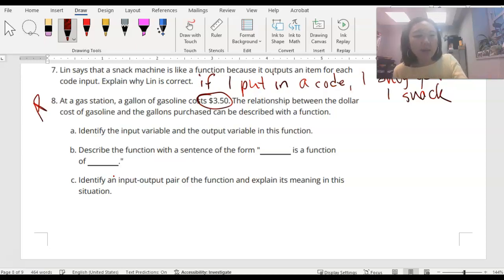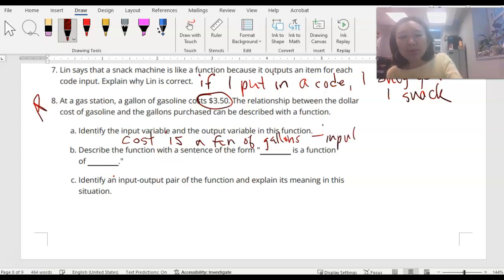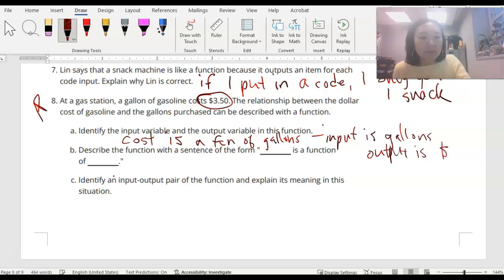So we can say cost is a function of gallons. And so then the input is gallons of gas. Output is the cost or the money. So we would say cost is a function of gas gallons, right? Which I just told you, so you can fill that in.